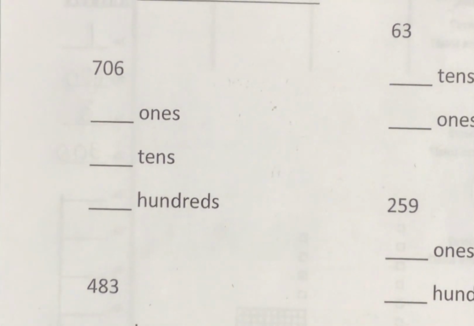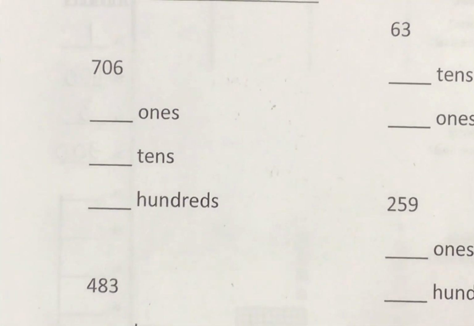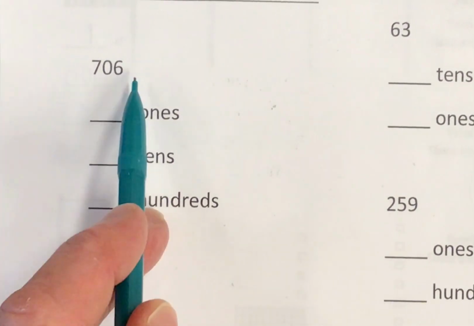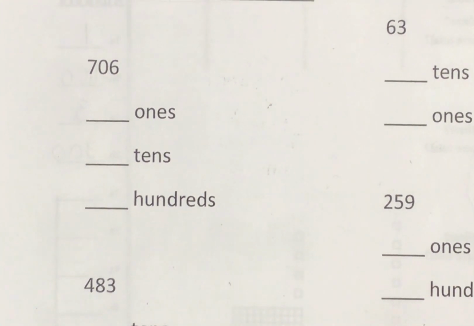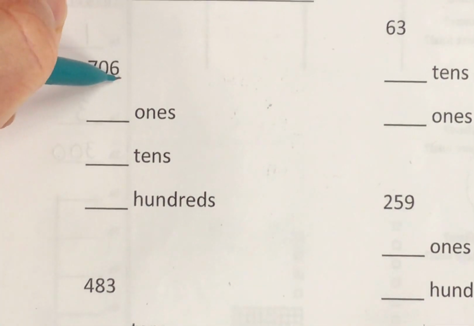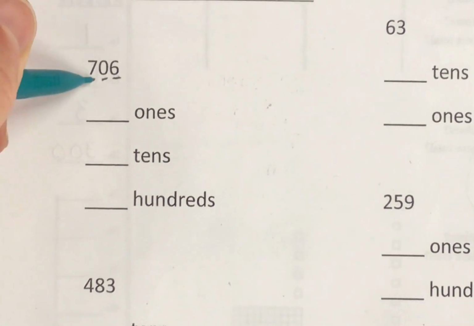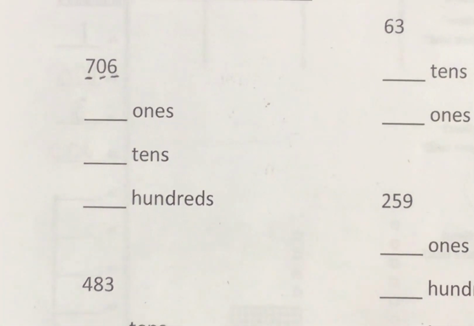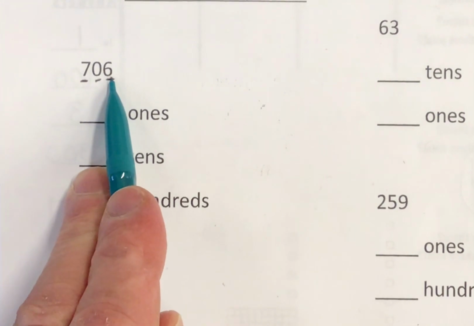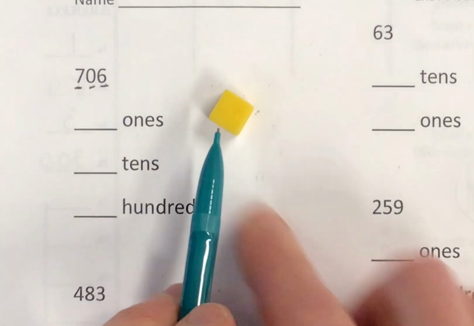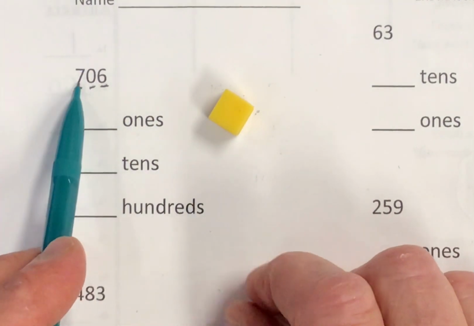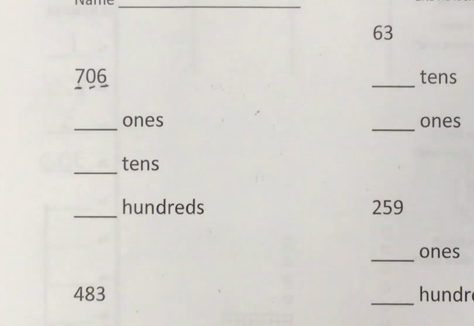You don't go A, F, Z, Q, P, S, T. You go A, B, C. This is ones, tens, hundreds. Get that into your head so you've got it down cold. This 6 is the ones, this 0 is the tens, and this 7 is the hundreds. So if we're talking about the 6, we mean 6 of these ones. That's 1 square. Now the 7 is hundreds, so that would be talking about 7 of these things.